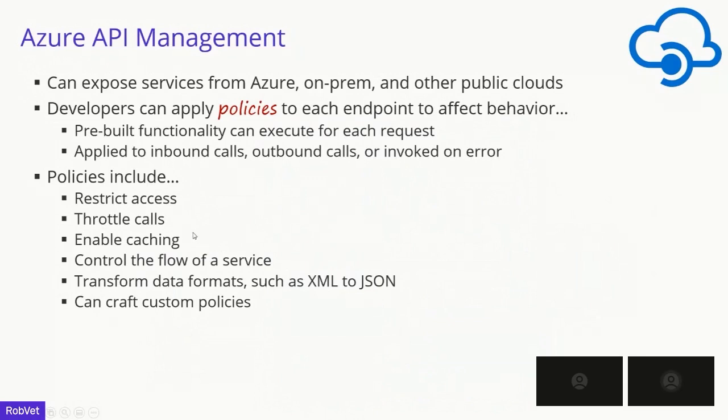There's a policy, I believe, to generate a correlation token. Or you can control the flow of the service. You can transform data. You can even craft your own custom policies. So instead of writing lots of code to do these things, you can enable the policy and configure it, and pretty much it will then be in effect for your inbound, outbound calls into and out of Azure API Management, as well as your errors as well. So again, something to look at, API Management.